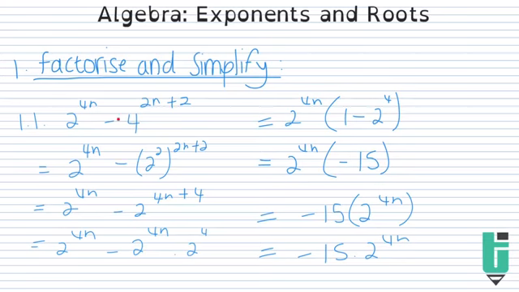So we knew that we couldn't use our exponent laws, and this indicates that we have to factorize. But we saw that we first had to break down this part over here so that we were able to take out a common factor. So it's very important to distinguish between when you have to factorize and when you can use your exponent laws.